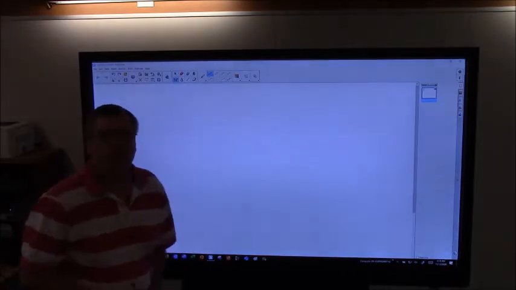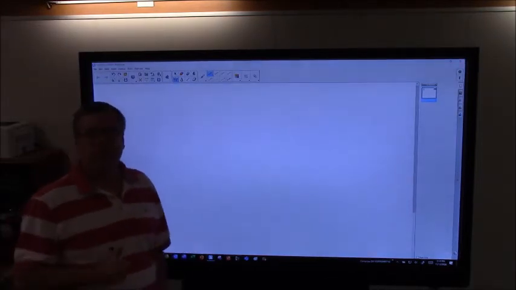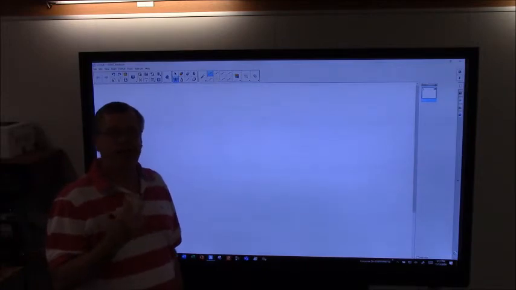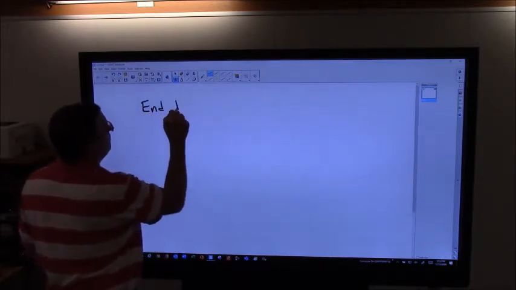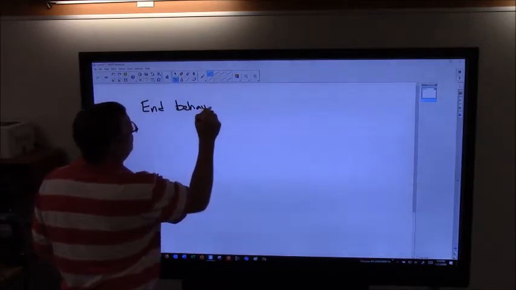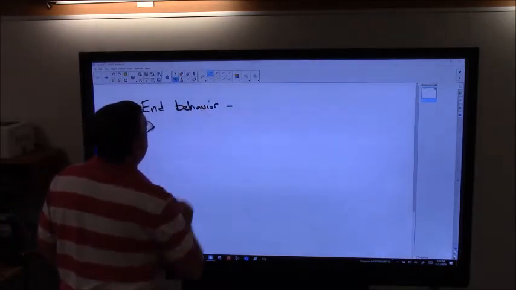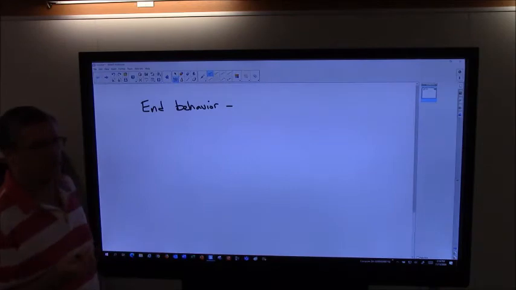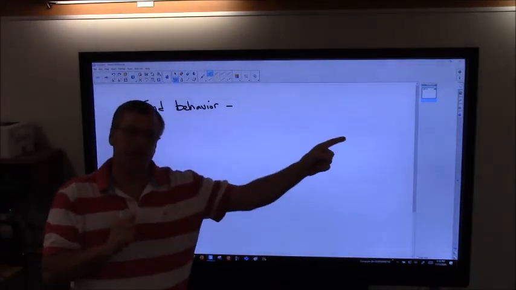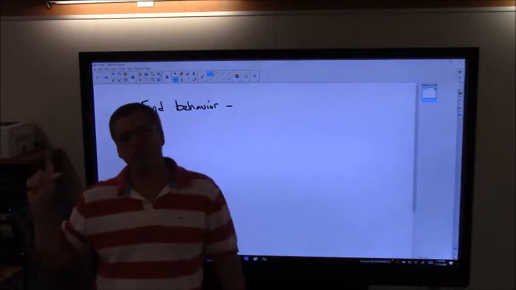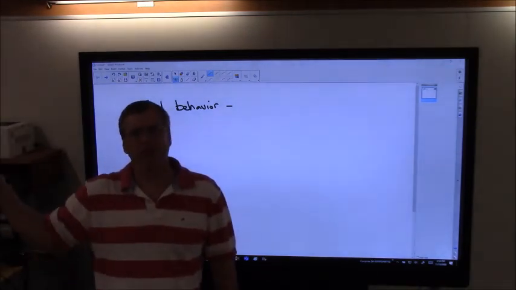Okay? So one of the things we want to talk about is this thing called end behavior. And what it refers to is, what does my graph look like way out on this end? Or what does it look like way out on this end?